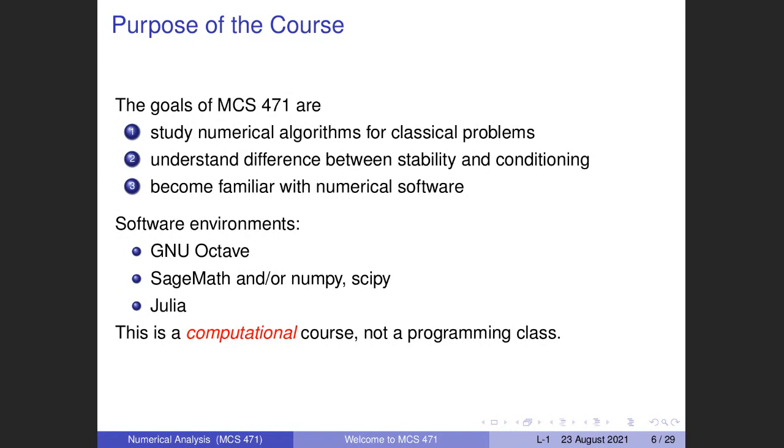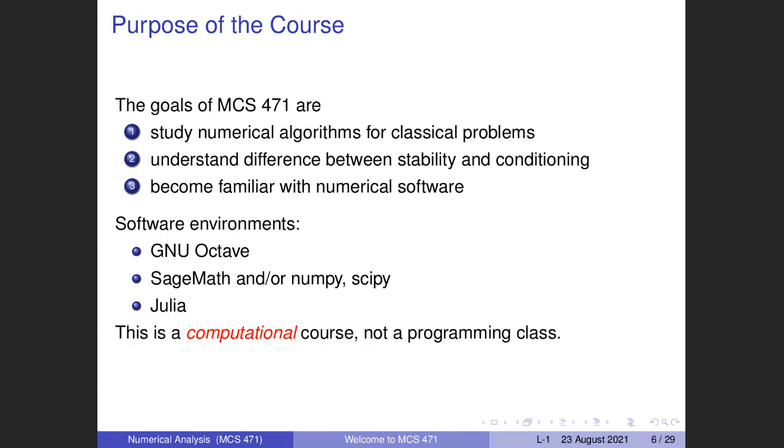Numerical analysis, as we will make more precise in the second lecture, is the study of algorithms for continuous problems. We will narrow that down. The second goal means that we are interested in accuracy and efficiency.